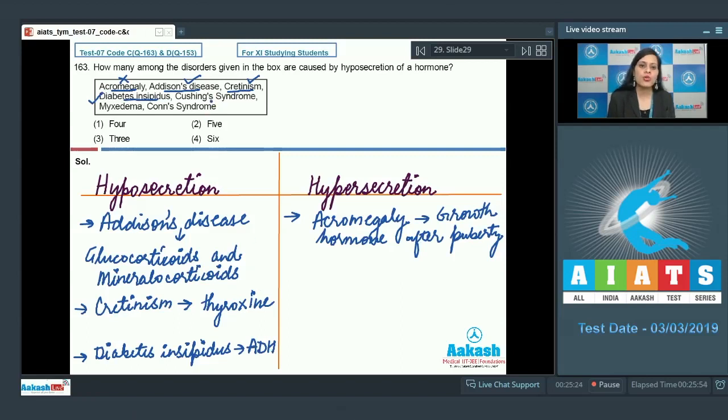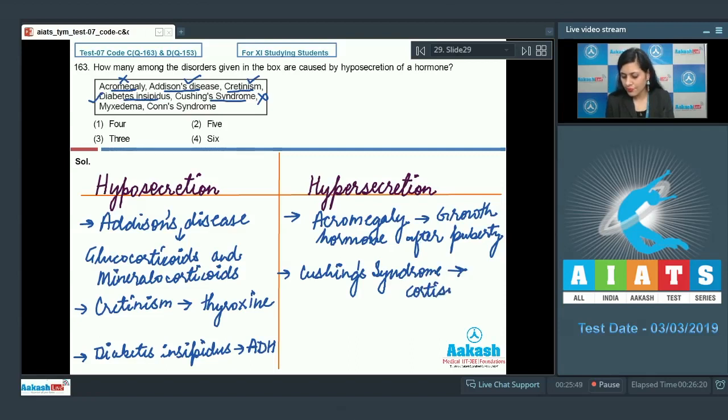The next option is Cushing syndrome, and this is an incorrect option because Cushing syndrome is caused due to hypersecretion of cortisol hormone. The next option is myxedema, and this is a correct option because myxedema is also caused due to hyposecretion of thyroxine hormone.